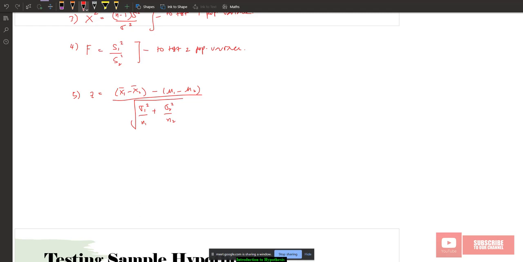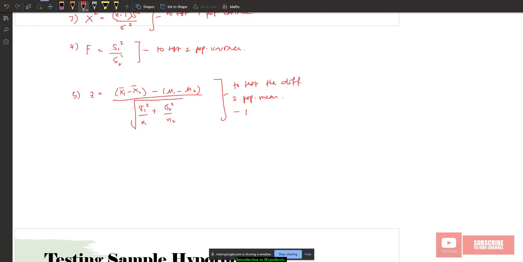This is used when we want to test the difference of two population means, provided the population variances are known. We can use the Z distribution with two different means.